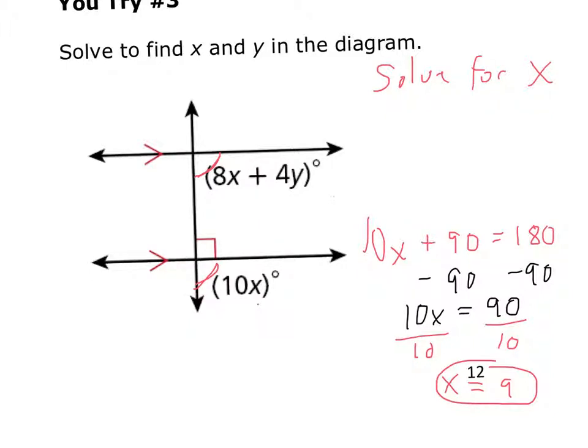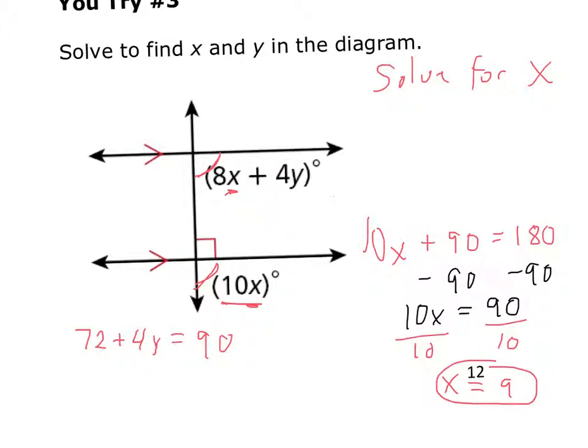So we can set them equal to each other and plug in 9 for each of them. We know that 8 times 9 is 72, and put 4y into there. And we know that 10 times 9, just plugging it in here, remember, we plugged in 8 times 9 here, put it in for x. 10 times 9 is 90.